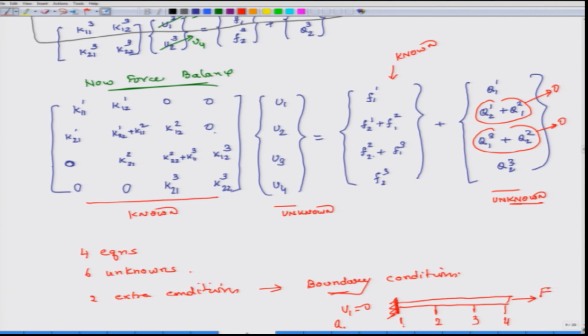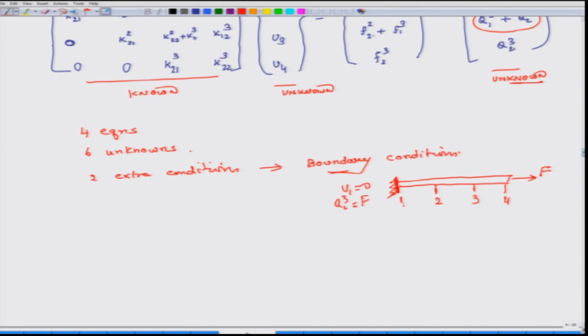So, Q23 is equal to F. Okay. So, this is one, but there could be other boundaries. Once we have applied these 2 conditions, then we will have 4 unknowns and 4 equations.